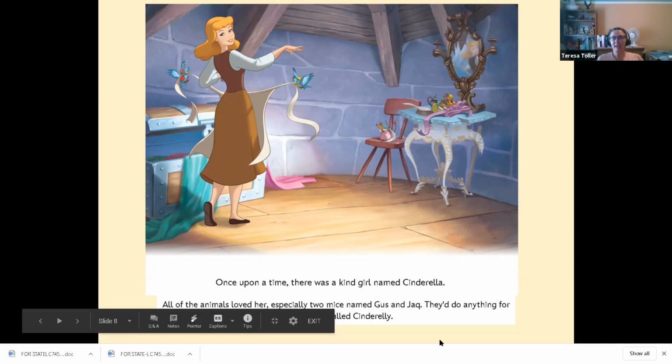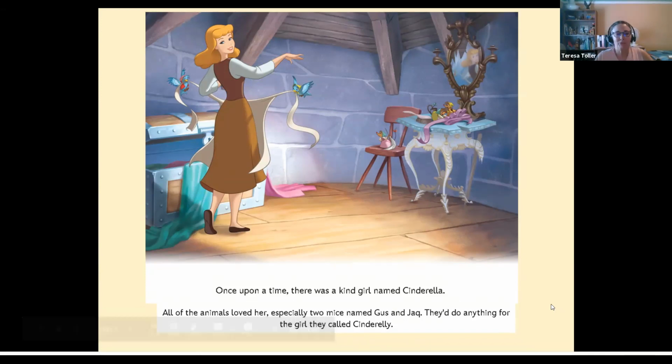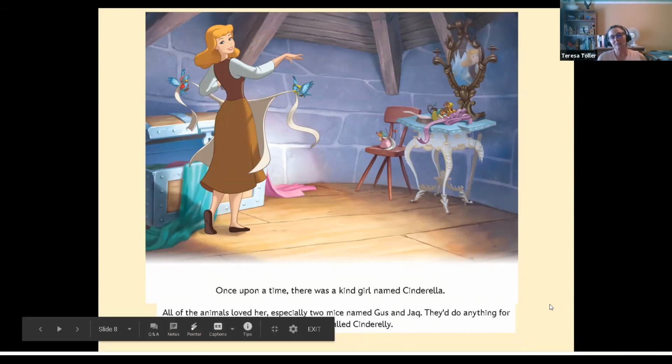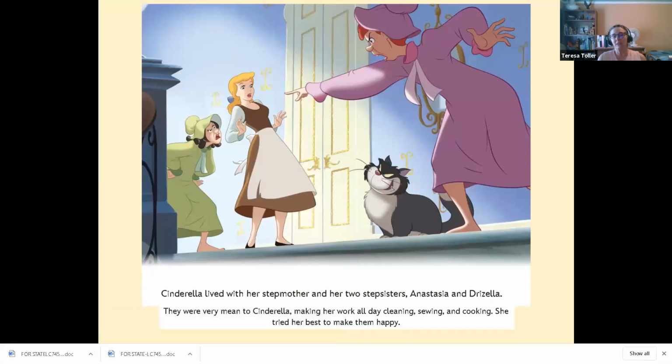They would do anything for their, oh, my. Sorry. On my screen, part of it's covered up, so now it's undone. So they do anything for the girl that they called Cinderella. Cinderella lived with her stepmother and two stepsisters, Anastasia and Drizella.